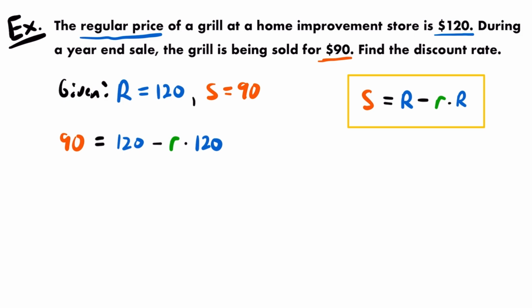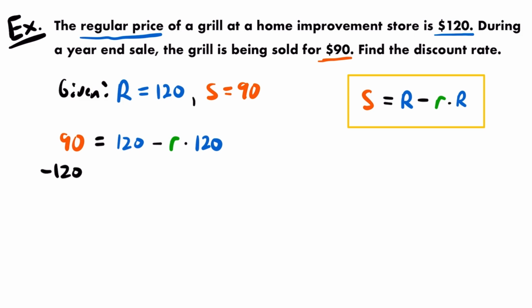And now this is an equation that we know how to solve. In particular, we are going to solve for the variable R, and in order to do so, we need to isolate that variable term. So what we should do here is get rid of this constant term of 120 from this side of the equation. To do that, we can subtract 120 from both sides of the equation. So let's do that here.